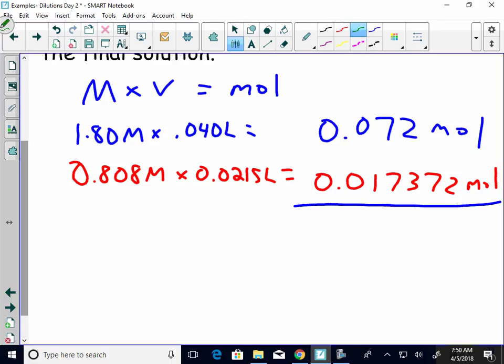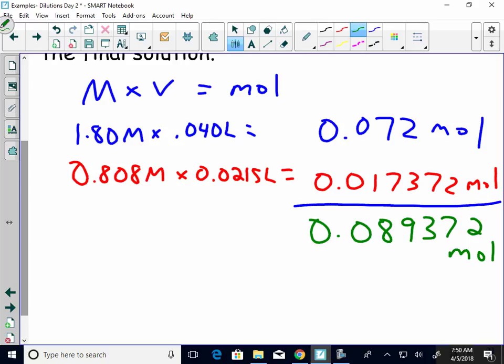Okay, so when I added those together, I came up with 0.089372 moles. Does that sound a little bit better, Rachel? All right. So I now have the number of moles that are in the mixture, correct?